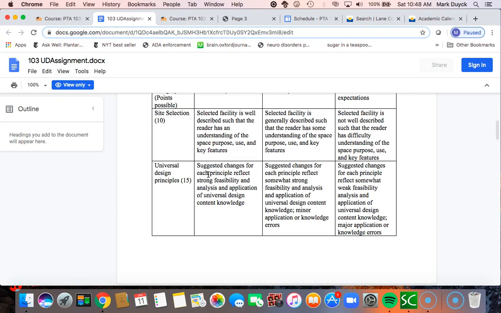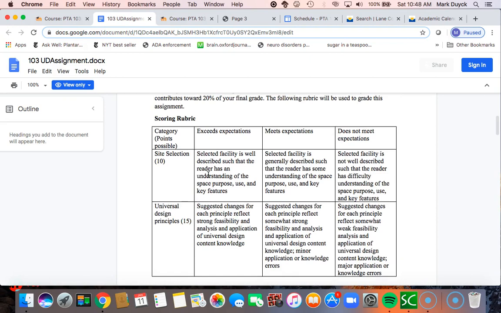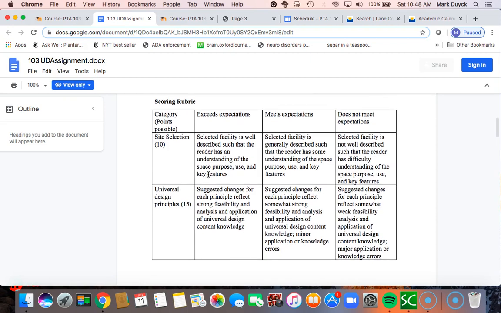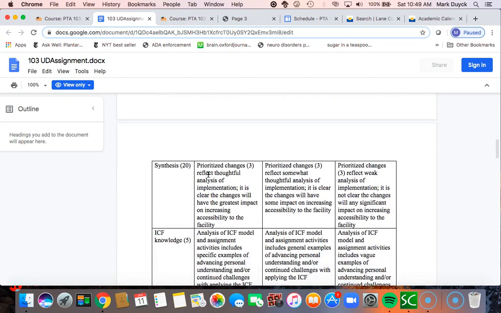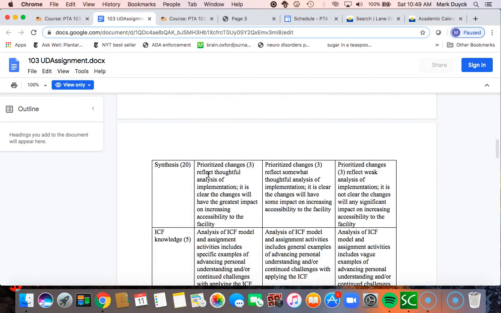It can be applied to really any building or specific meeting area. So: site selection, then universal design principles, where you suggest some changes for each principle, not skipping some, for each of the 7 principles.